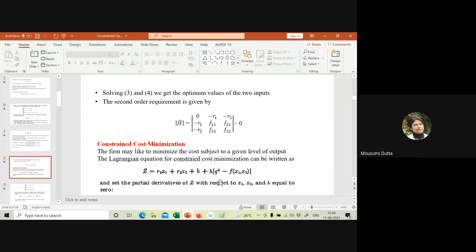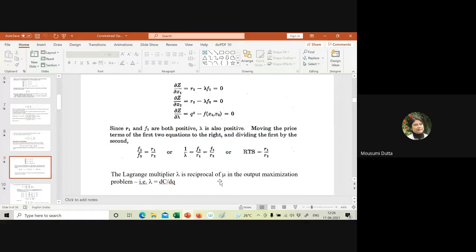Once we understand the objective function and the constraint, we will get this Lagrangian expression. The next step will be to take all first order derivatives, del z by del x1, del z by del x2, and del z by del lambda, and set these equal to 0.